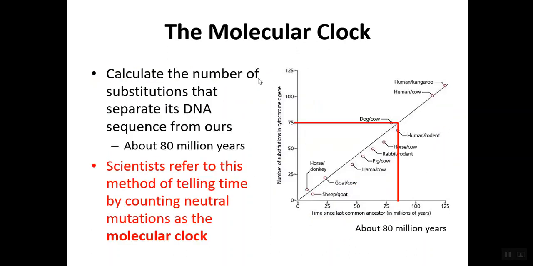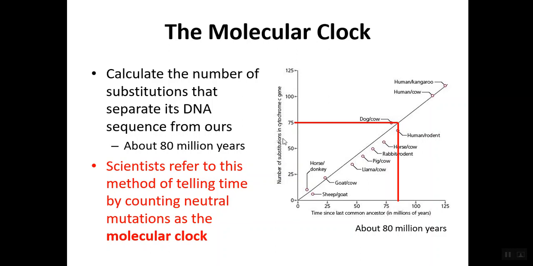And this is a graph, for instance, of how this molecular clock method works, based on the number of neutral mutations, called substitutions. For instance, here cytochrome C is used. Cytochrome C is a very essential enzyme molecule in metabolism, and it is present in all these groups shown here.